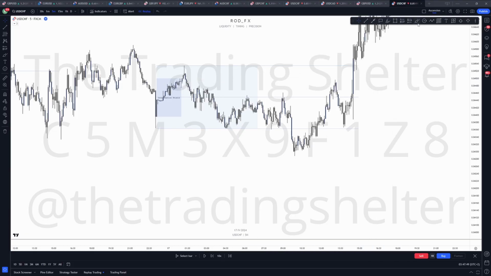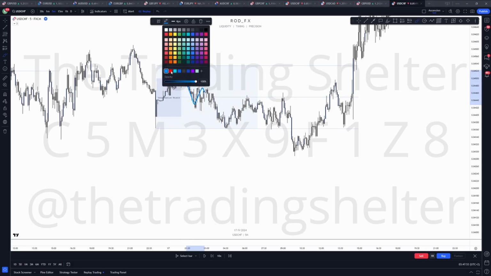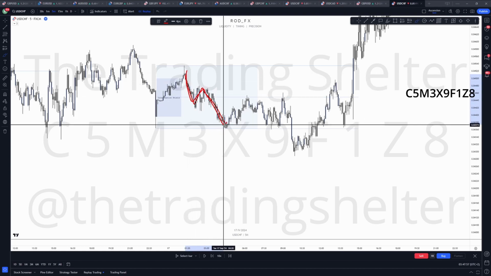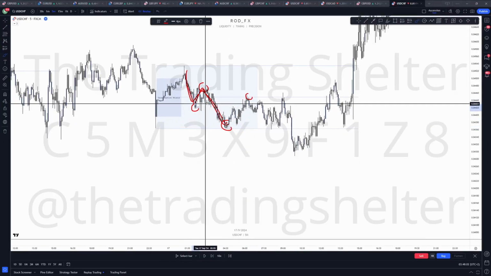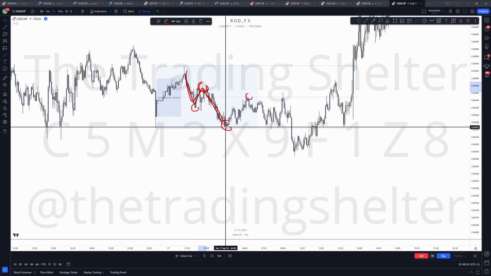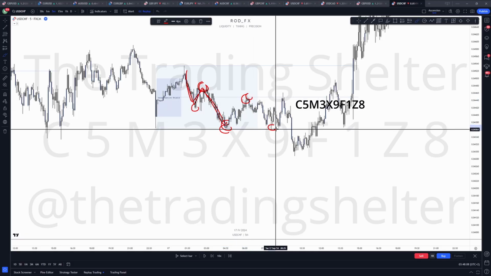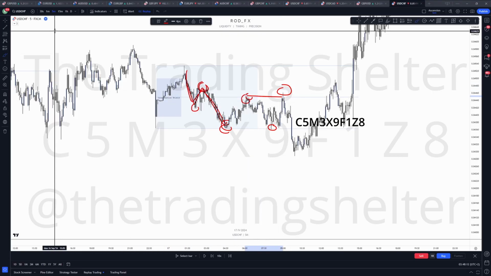Look at the PA here. Look how they're building. Let me just switch it back to red because look at that sell side liquidity. Here, here, here. See, lower high, lower low, lower high. It kind of fills and now creates a switch. Can you see it?